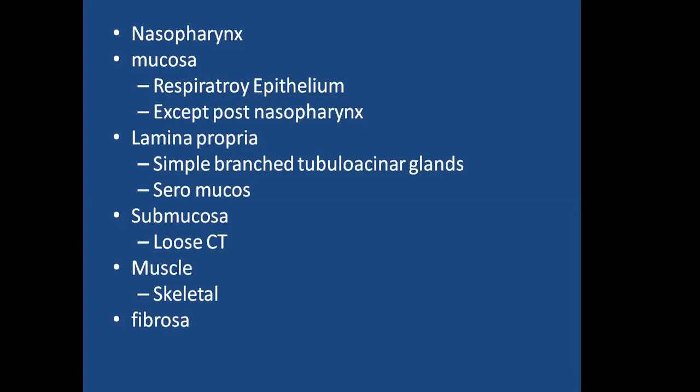So the mucosa consists of the respiratory epithelium except over the area of the soft palate where it consists of stratified squamous epithelium, non-ciliated. Otherwise, the epithelium of the nasopharynx is the respiratory epithelium and its lamina propria consists of simple branched tubuloacinar glands and they are seromucous in nature.